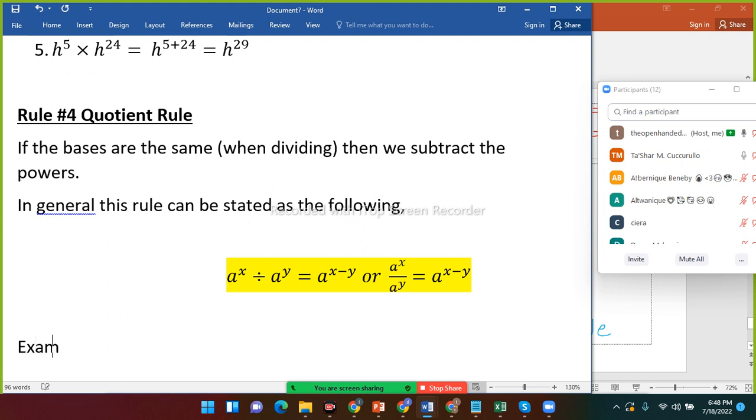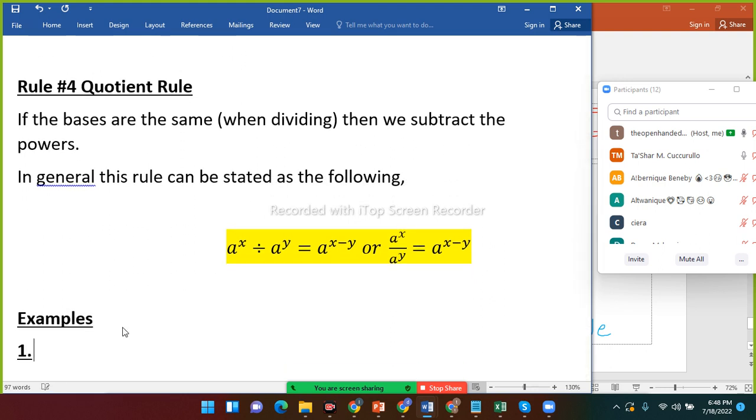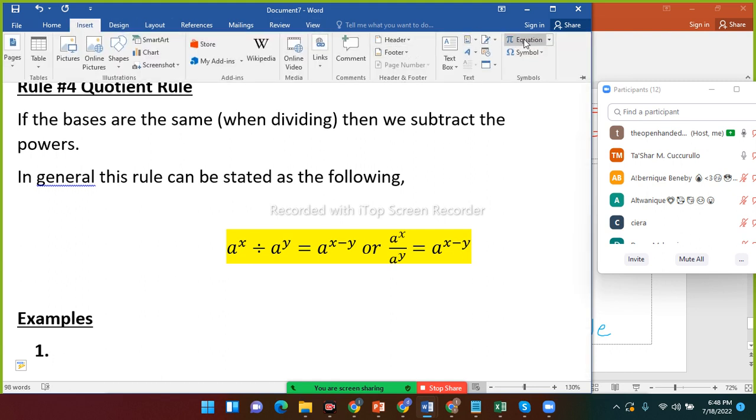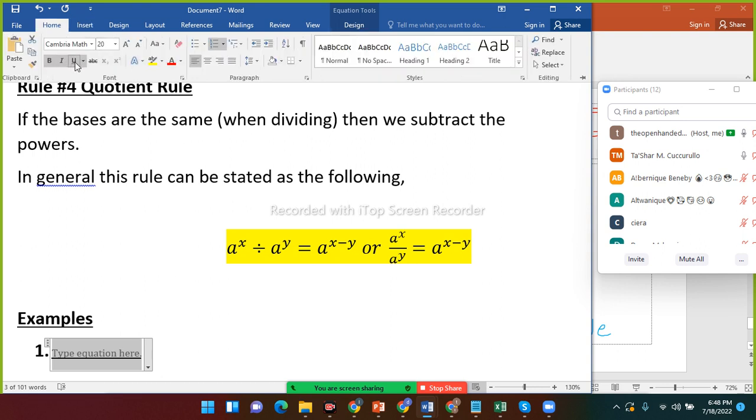I want Albany to help me with this one. So my first example, I'm gonna use our good old friend number 2, as we did in the first rule of tonight.